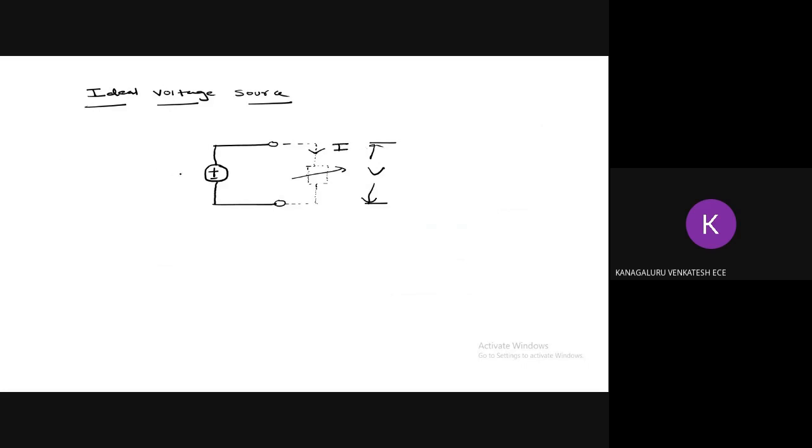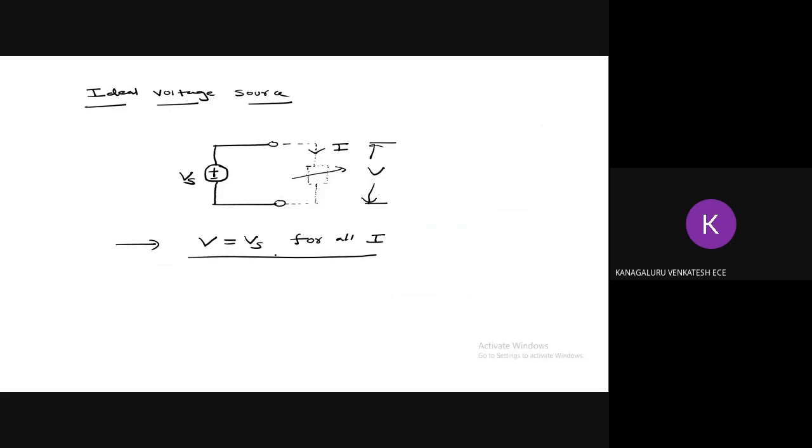and the voltage source is Vs. Now, if I want the load voltage in terms of the source voltage, the load voltage is going to be the source voltage irrespective of, which means for all I values.